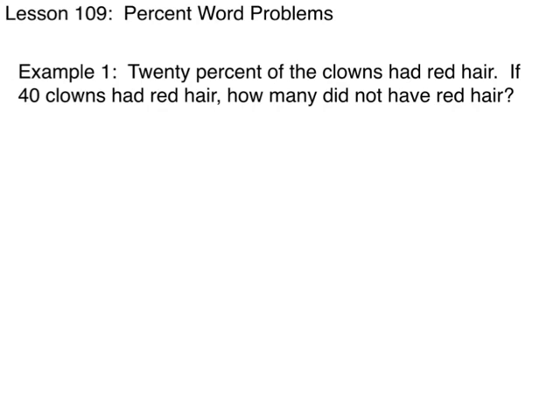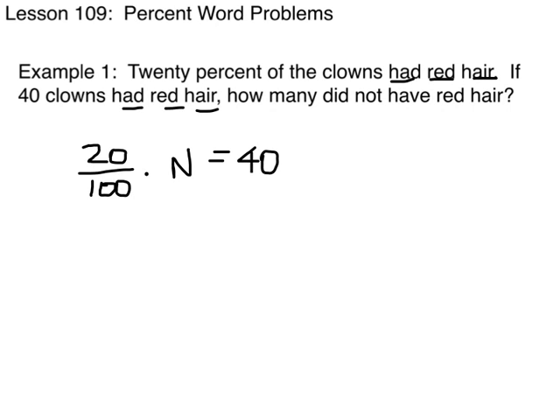All right, example 1 says 20% of the clowns had red hair. If 40 clowns had red hair, how many did not have red hair? All right, so 20% had red hair. 40 clowns had red hair. They stand for the same thing. So we set that up as 20 over 100 times what number equals 40.